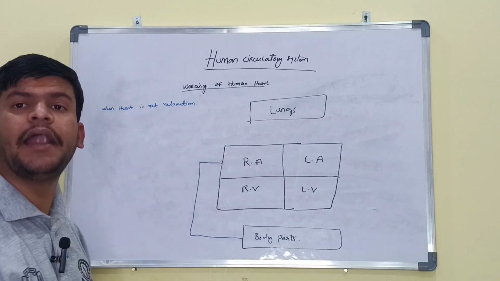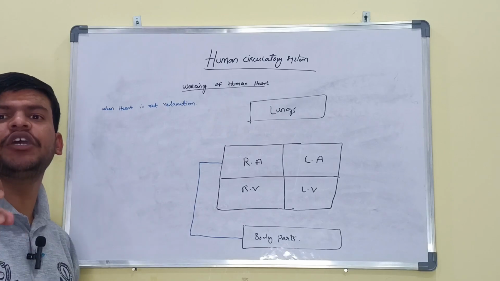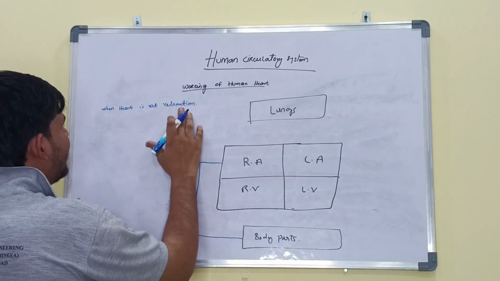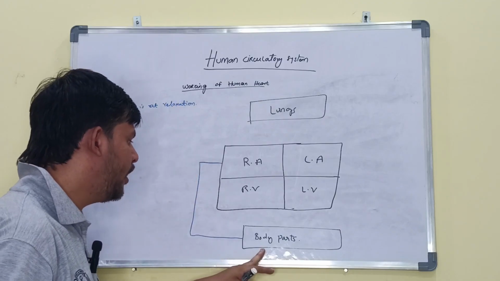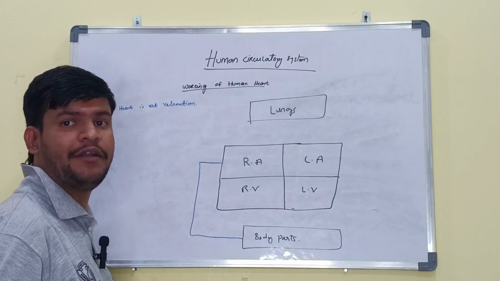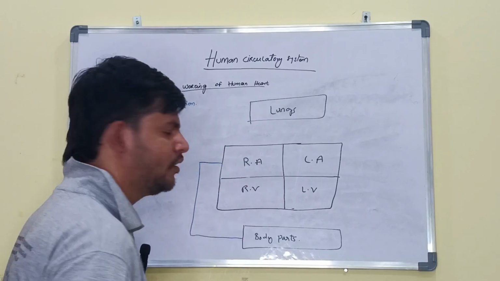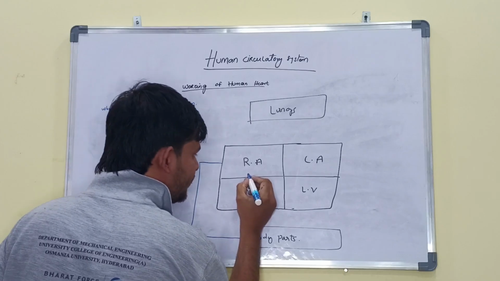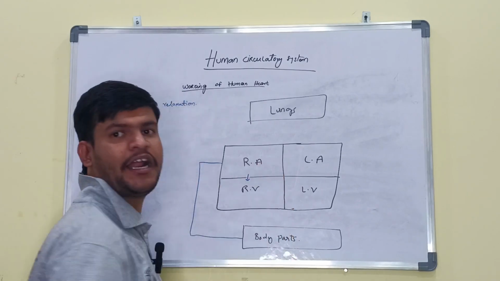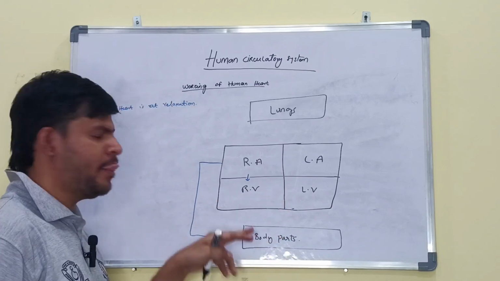Because in heart the pressure is so low, whereas in body parts the pressure is so much high. That's why at relaxation the blood present at body parts will be transferred to right auricle. Then from right auricle the blood will be transferred to right ventricle. Now the blood is at high pressure.